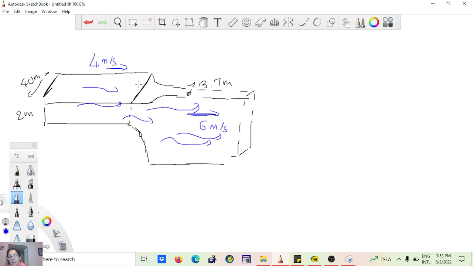So if you put a cross section here, compared to a cross section there, you're going to have the same amount of water flowing through that cross section that you have here as through that cross section there. Okay, there is a continuity, because otherwise that would mean that the river is leaking somewhere.